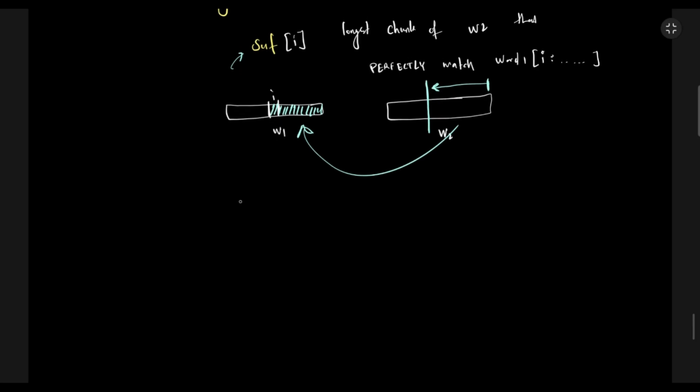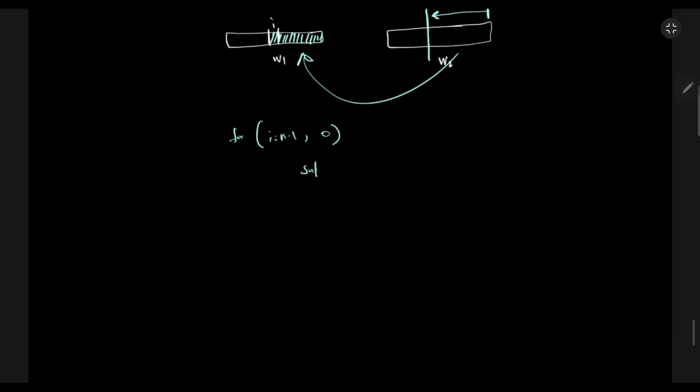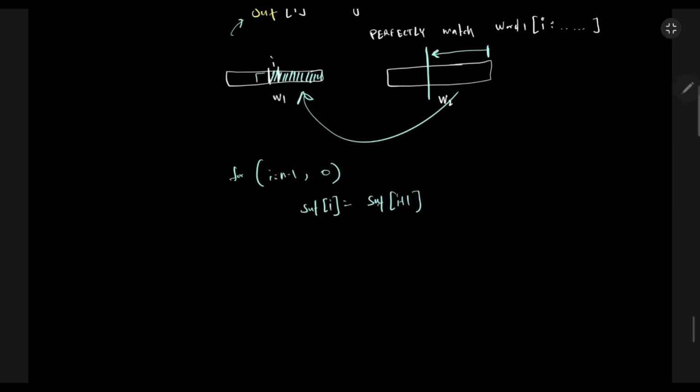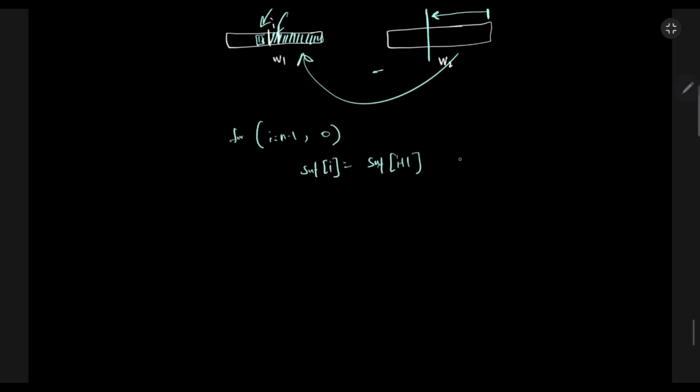That is, we have I from n minus 1 to 0, and suffix of I is equal to suffix of I plus 1, that is, for this the answer will be the answer of this one plus this one according to this diagram or visualization, and we are carrying over the previous best also over here.